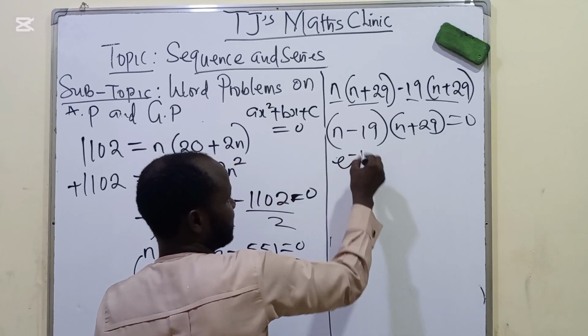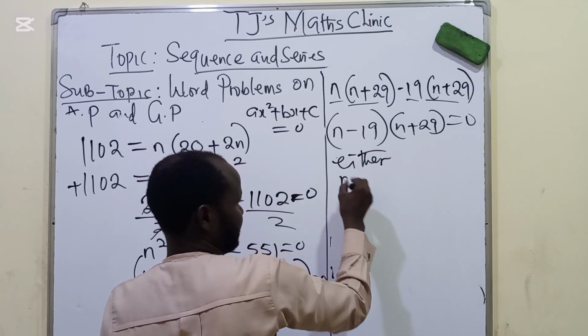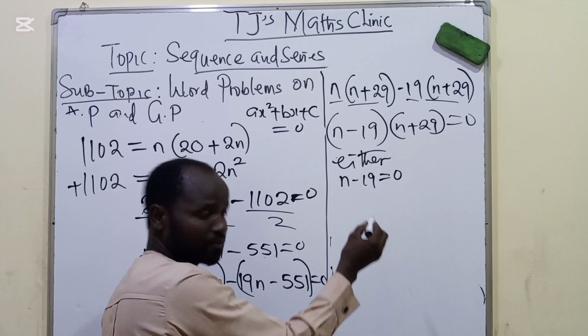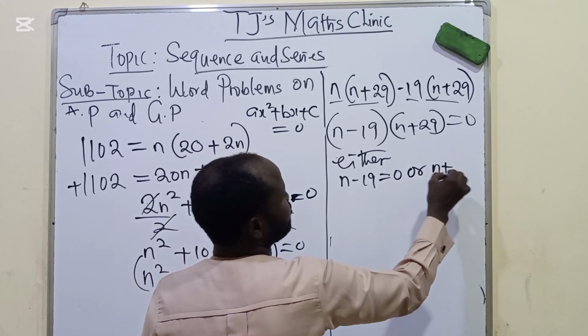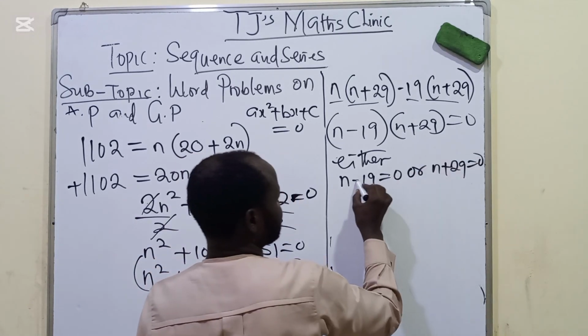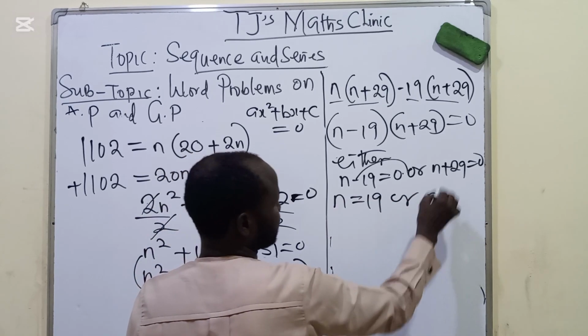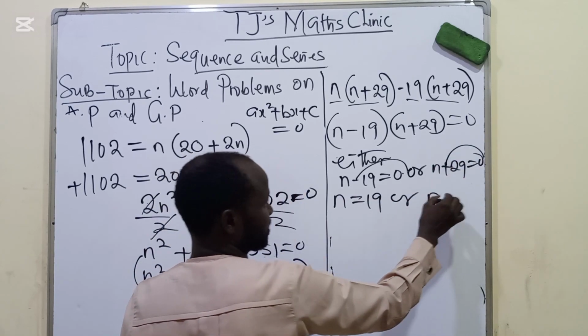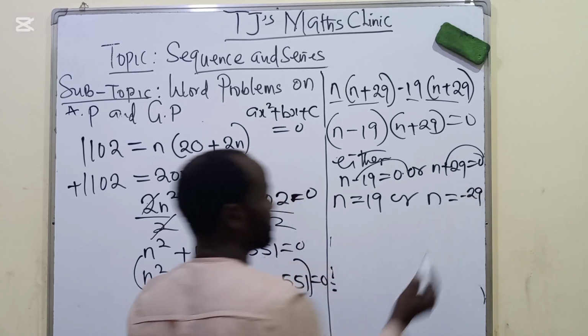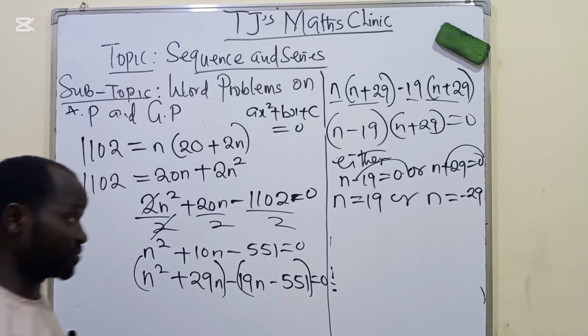Equals 0 means either n minus 19 equals 0, or n plus 29 equals 0. Let's bring this minus 19 here. We'll have n as 19, or n, let's bring this plus 29 to the other side, that will be minus 29. So n is 19 or n is minus 29.